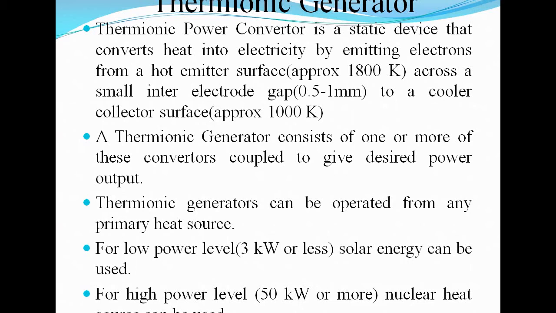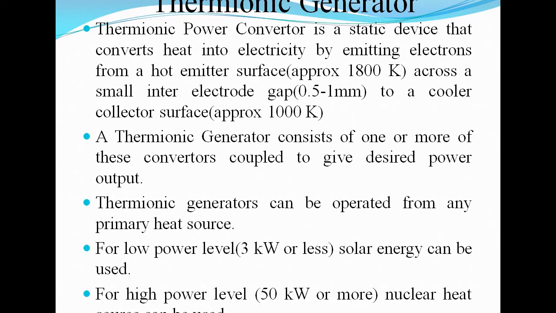Then a thermionic generator consists of one or more of these converters coupled to give the desired output. So if we want more output, more voltage or more current, these thermionic converters should be coupled to each other so that we will get the desired output.